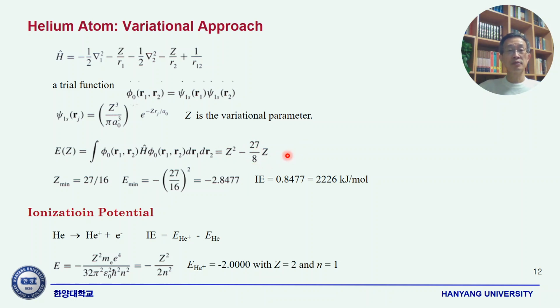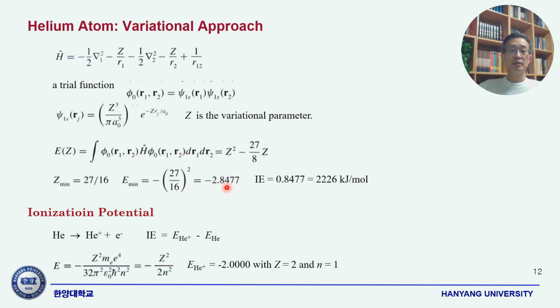Then your Z is half of this number, so 27 over 16. And then using this number, you obtain this energy. So this is your variational approach with the nuclear charge as a variational parameter.